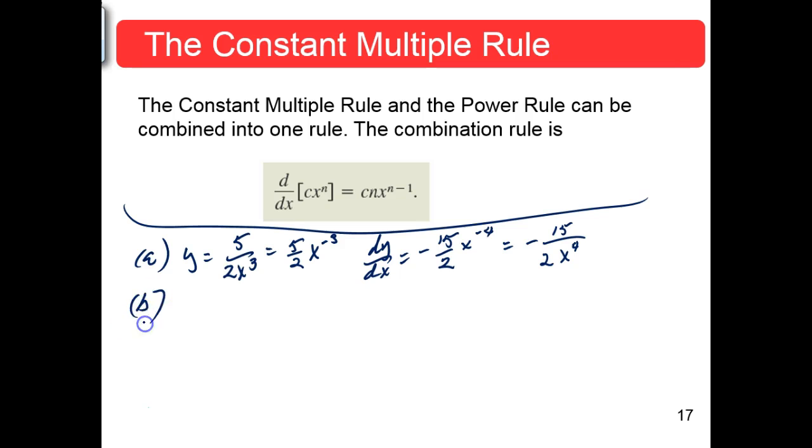B. Y is equal to 5 over a 2x cubed. Okay. Interesting. Don't know why they would choose to write it that way.